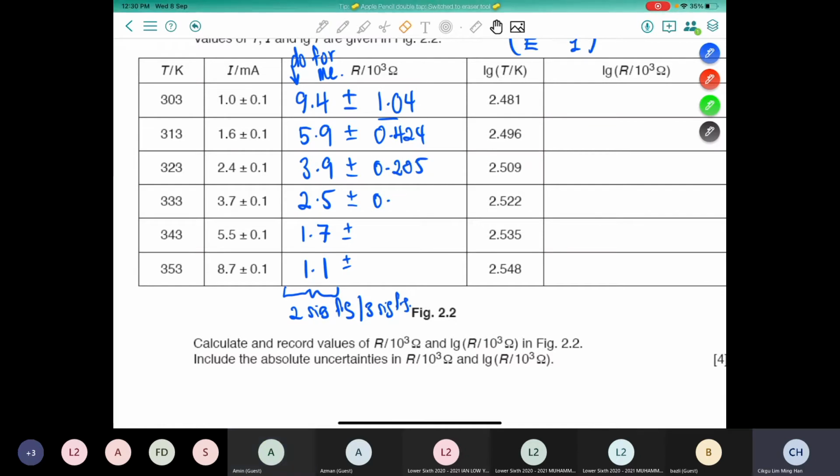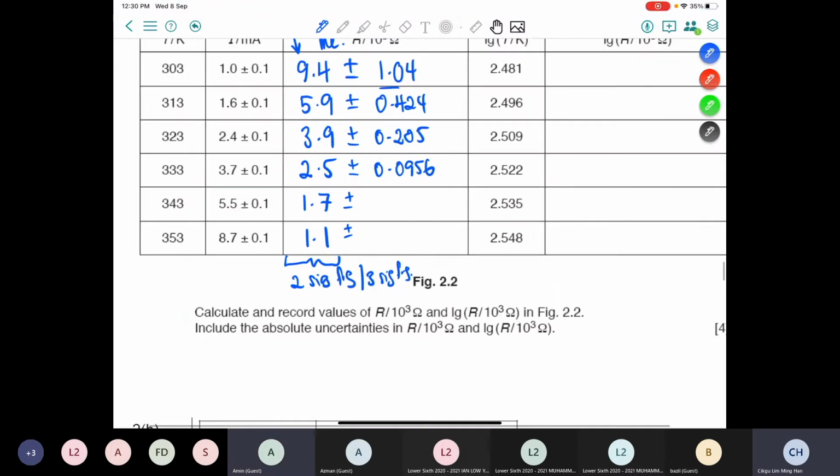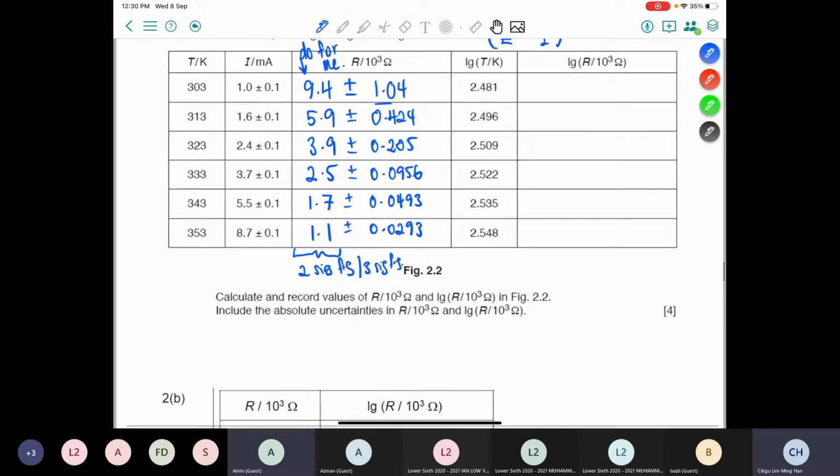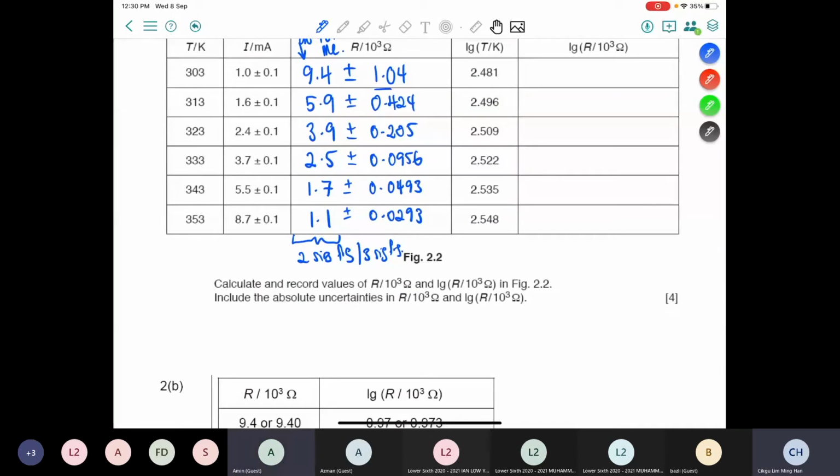Getting smaller. Next, 0.0493. One zero after the decimal point. Then 0.0293. Alright. Wrong, so 0.0239. Reversed.